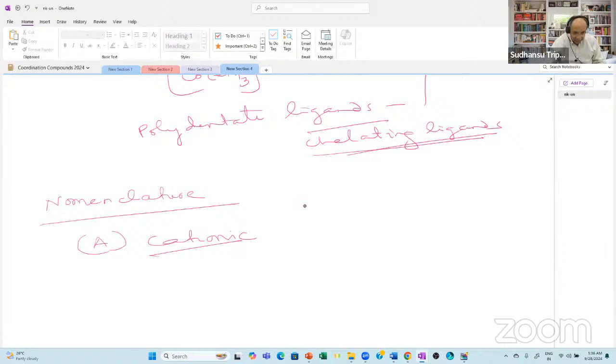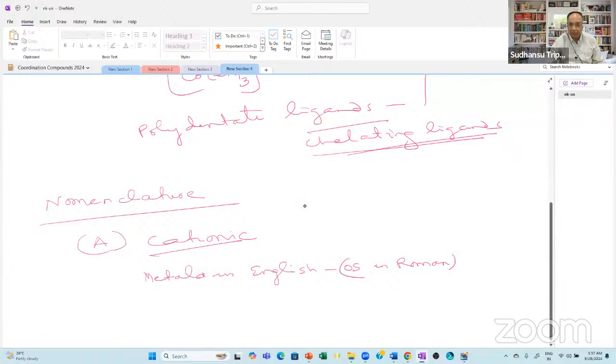So the rule says first the metal ion, metal in English, as we call not ferrum but iron, not aurum but gold, gold in English, followed by oxidation state in Roman, IV, like that. In between parentheses, it is indicated here.